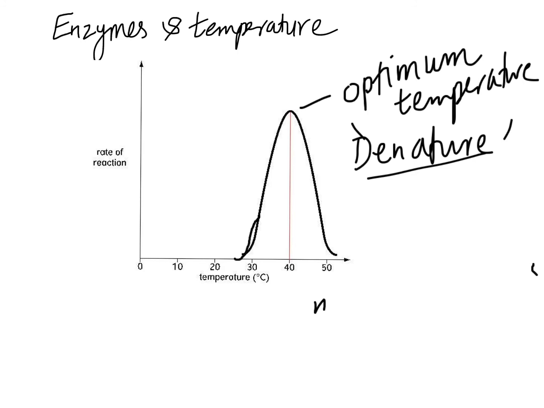So more collisions happen, which leads to a faster reaction here. As you know from rates of reaction, the higher the temperature, the faster the reaction. But past 40 degrees centigrade, the rate of the reaction falls and decreases to nearly zero. We need to be able to explain why that is happening.